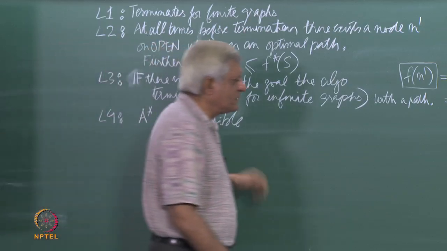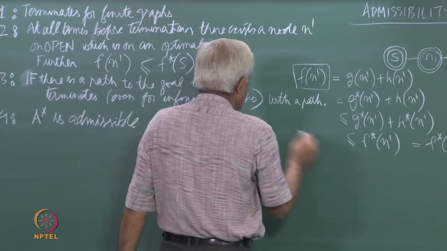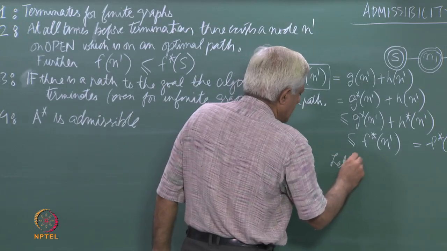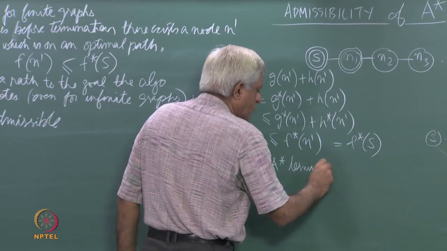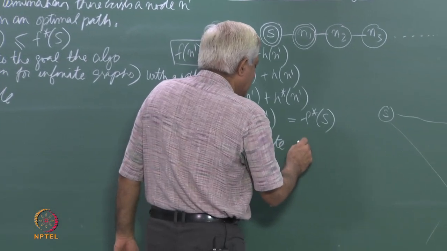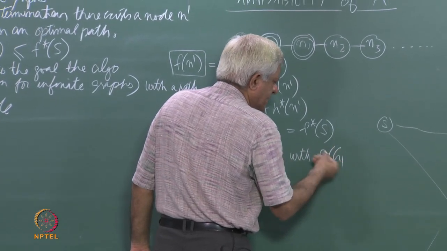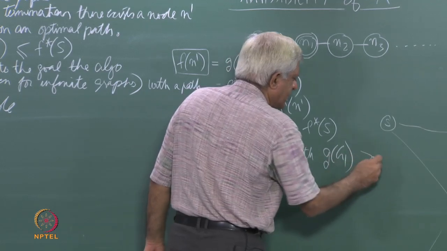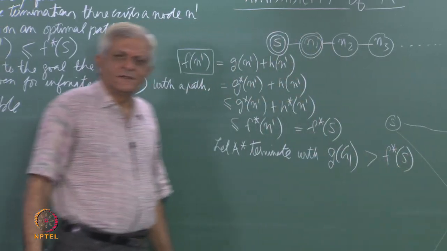The argument is as follows, so the proof for this I will write here. Let A star terminate with a non optimal path, which means it has found some path to the goal where the G value of that path, let me just call it G1, is greater than f star of S. Remember, f star of S is the optimal path.